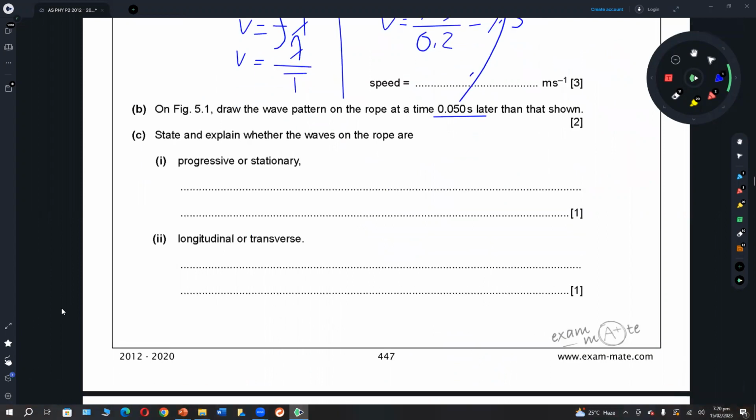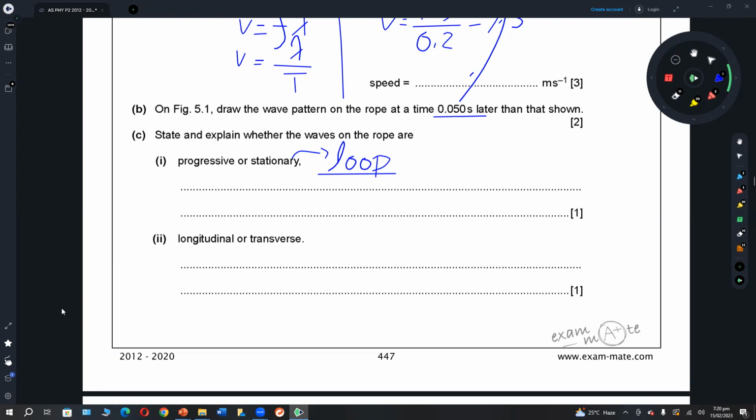State and explain whether the waves on the rope are progressive or stationary. What is the difference between progressive and stationary? In stationary, the energy won't leave the source. And stationary waves are always well identifiable because they form a loop.